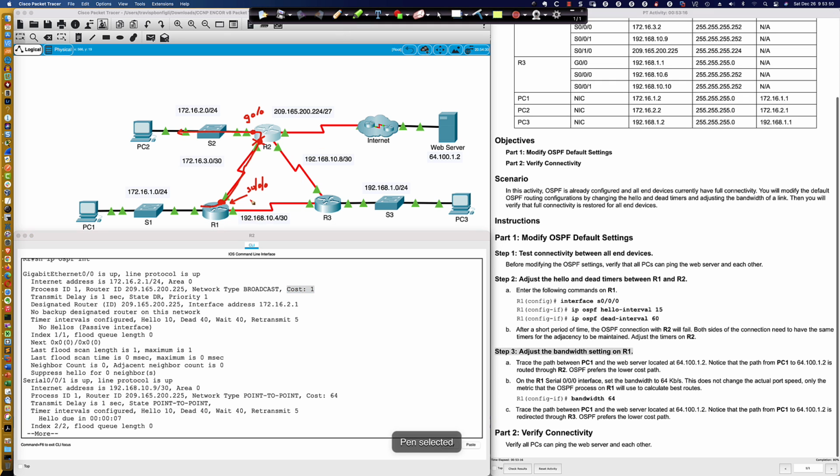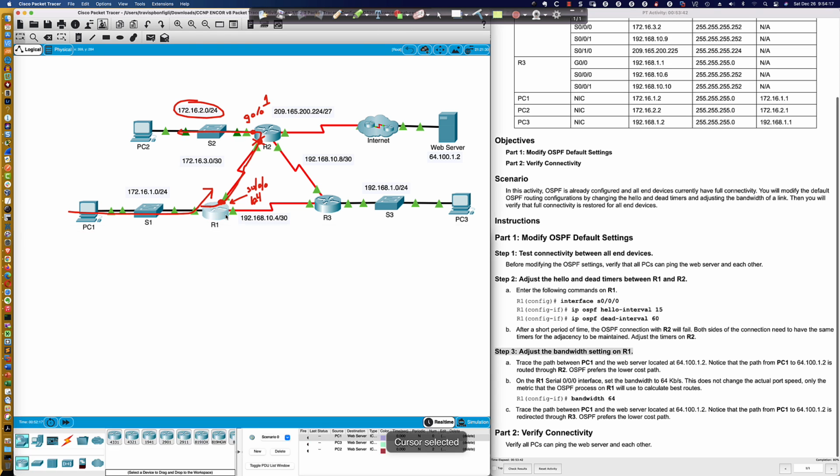So remember, for router 1 and anything going through router 1 to get to this network, the cost of this interface is 64. The cost of that interface is 1. And so 64 plus 1 gives us 65.